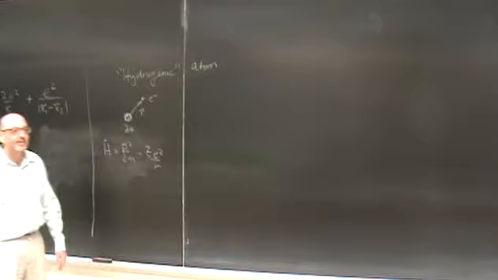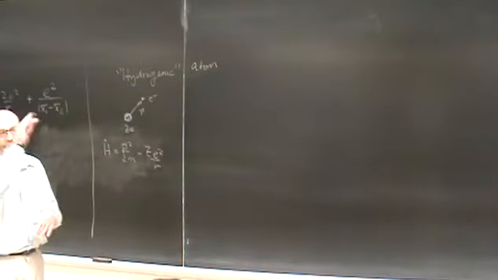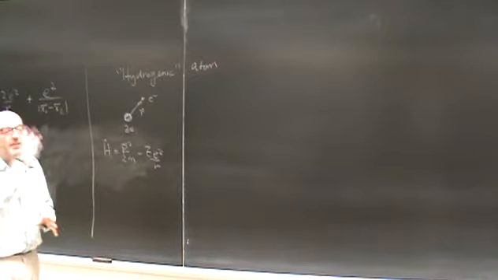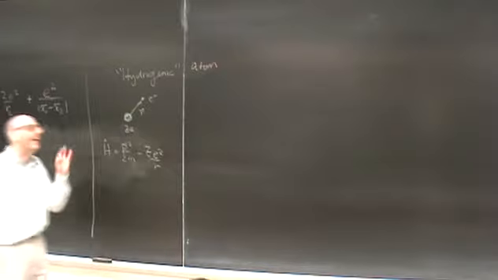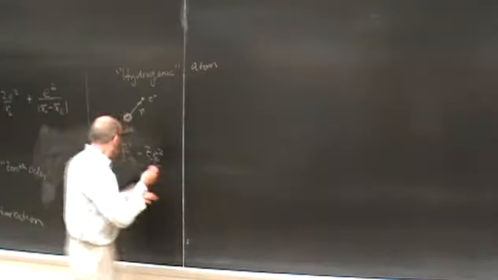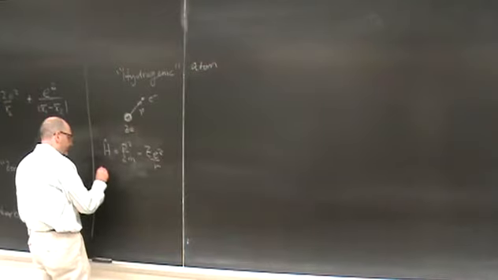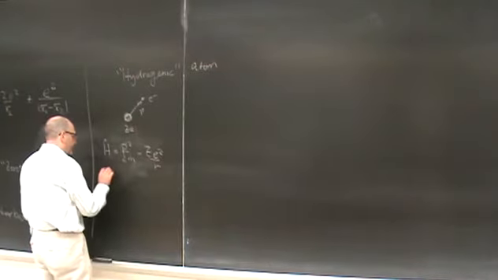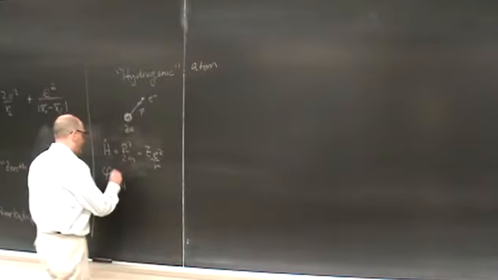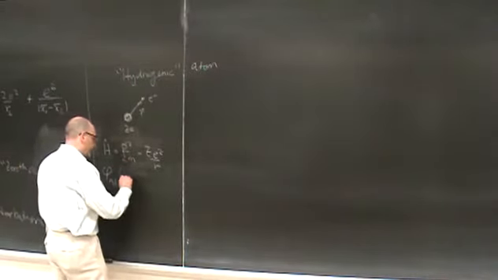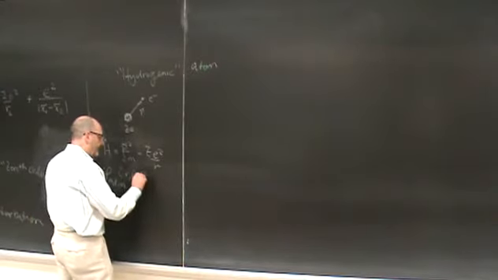With Laguerre polynomials and the spherical harmonics, is it? Laguerre polynomials, that's right. So the point here is that the eigenfunctions are the usual things, n l m, as a function of r, theta and phi.